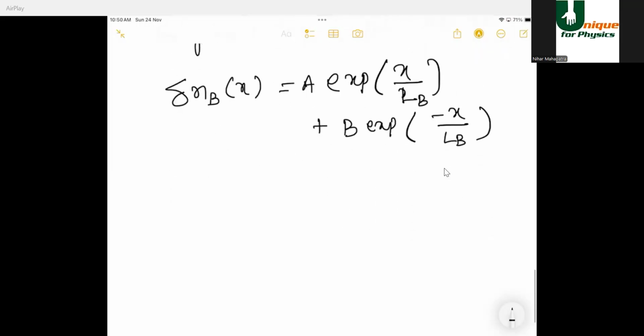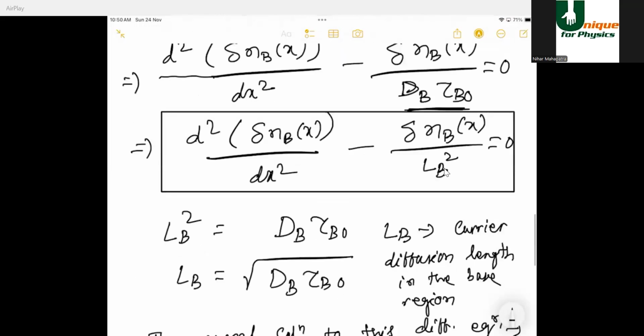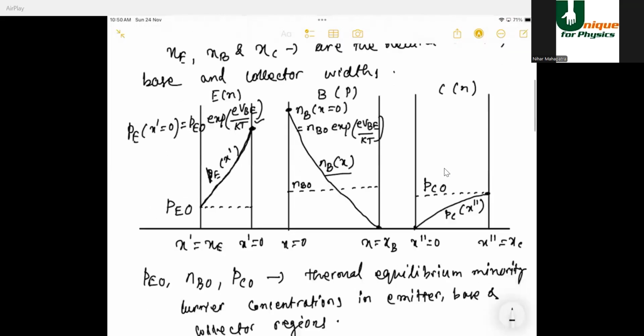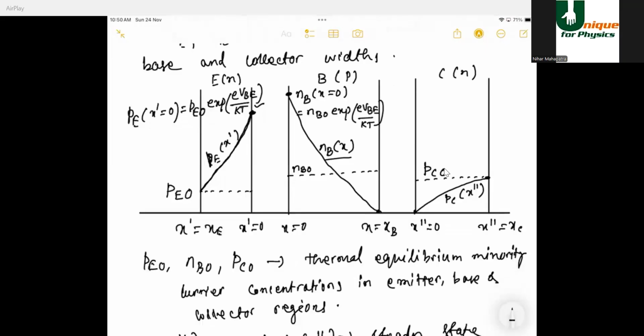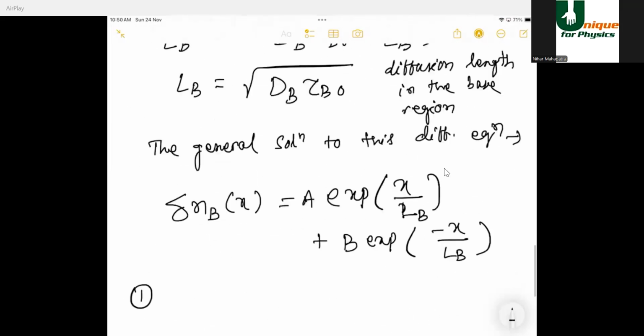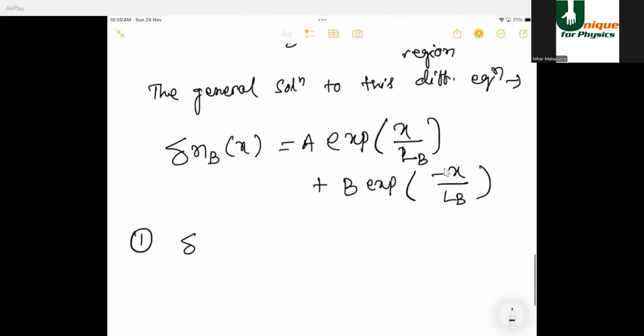So let us use the boundary conditions. The first thing that we know in the base region is delta NB, the minority carrier concentration, at x is equal to 0, and delta NB at x is equal to xb. So we will substitute x as 0 and x as xb in the general solution. If I substitute x as 0, we get e to the power 0 in both terms, which gives us a plus b.